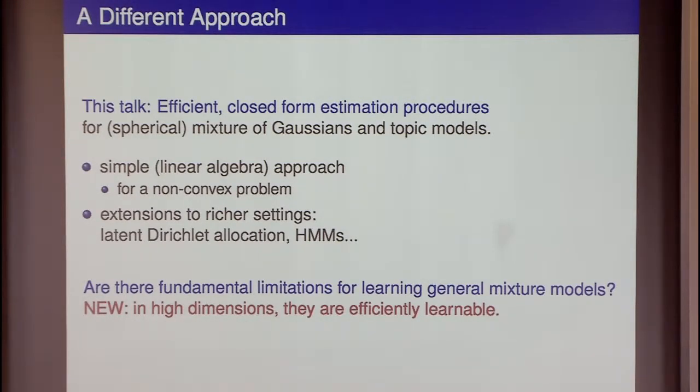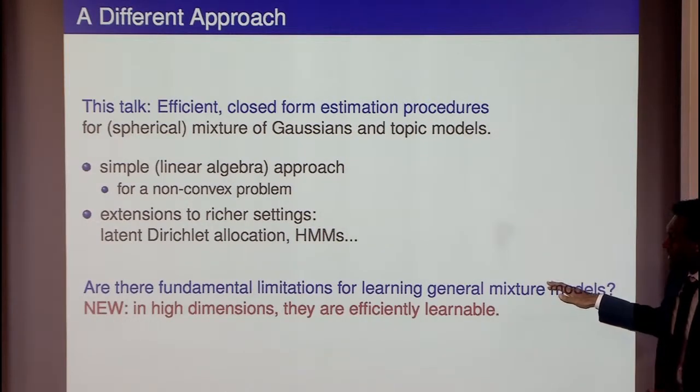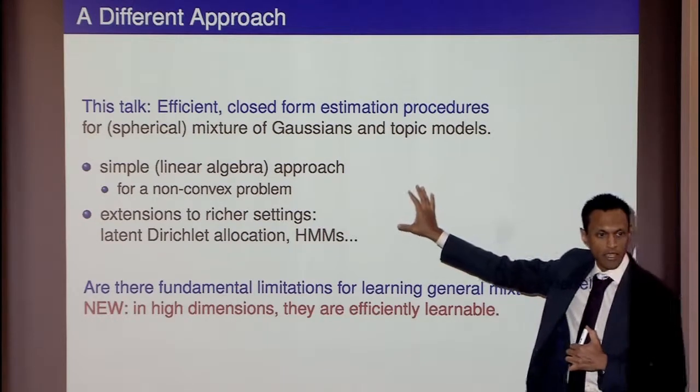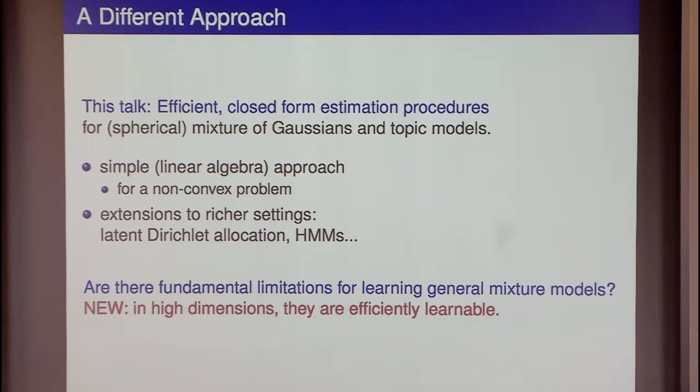But at least recently, a bunch of my research has been switching gears, but one question that's been on the back of my mind is this learning mixture of general Gaussians, because there's one trick we used in the line of work here, and we're really wondering if this was limiting, and are there really barriers when we start looking at more general cases?